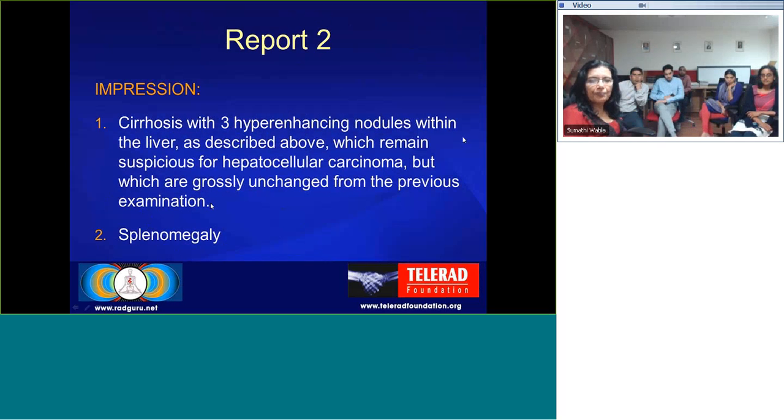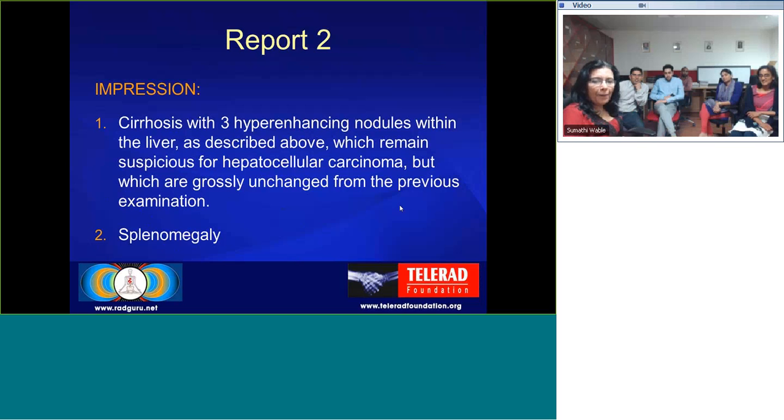And this one says suspicious for HCC, but grossly unchanged from prior exam, like 4 months ago. So what does the transplant surgeon do with this? They're like, tell me whether it is or isn't.